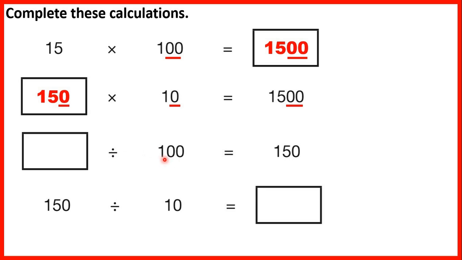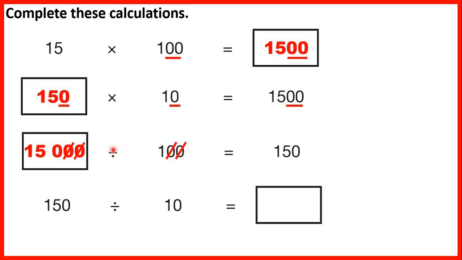Something divided by 100 equals 150. So here our missing number is 15,000, because if we cancel the 2 end zeros, that leaves us with 150 divided by 1 as our question.